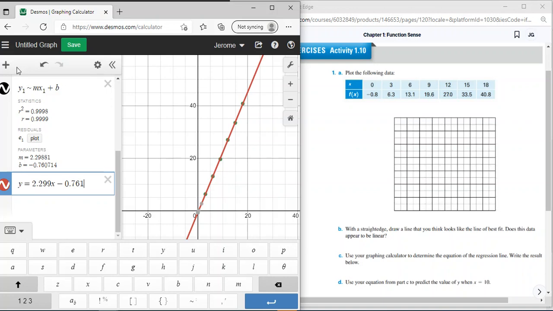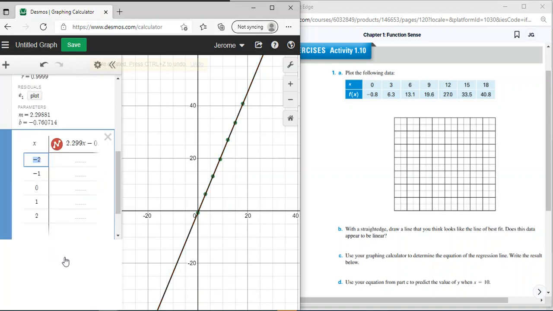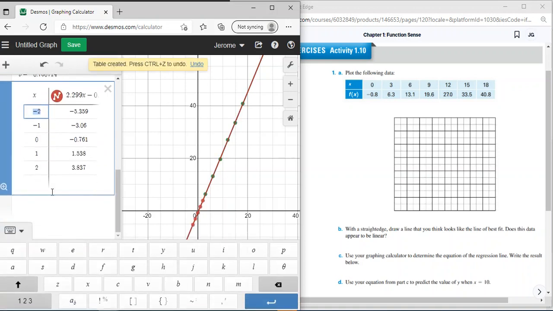You could go up here to this wheel here, and you could hit the graph here to make a table. You type in the number 10, and it kicks out your answer. It'll be 22.229. So D would be f of x is equal to 22.229.